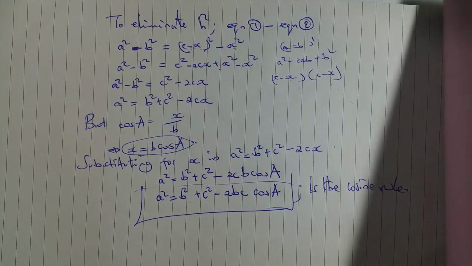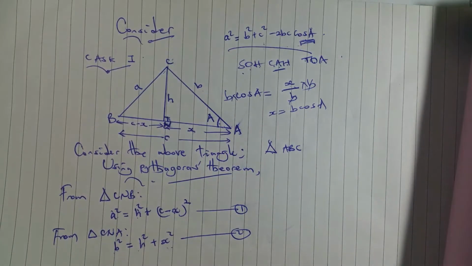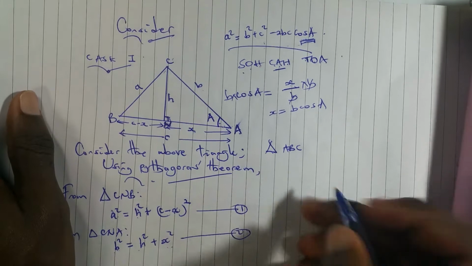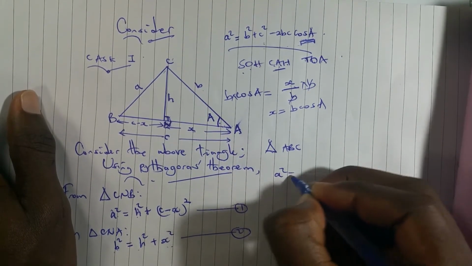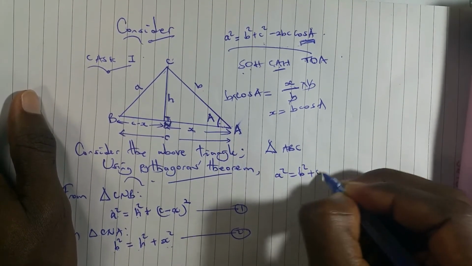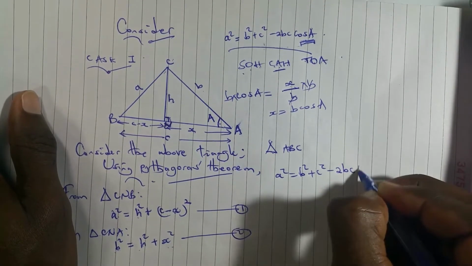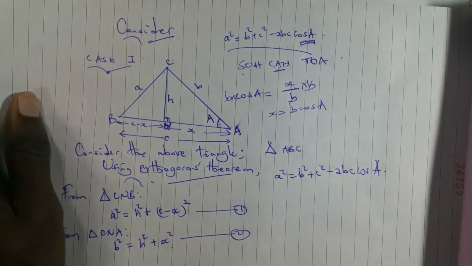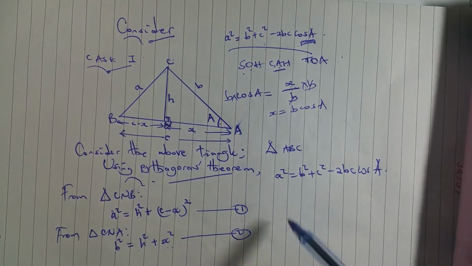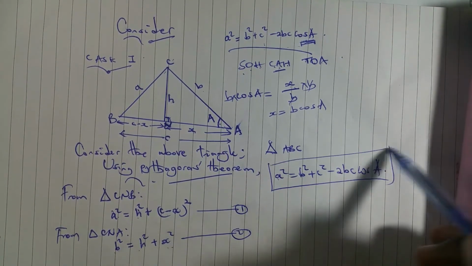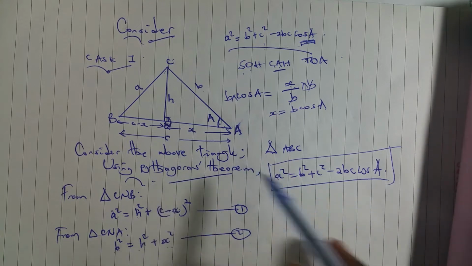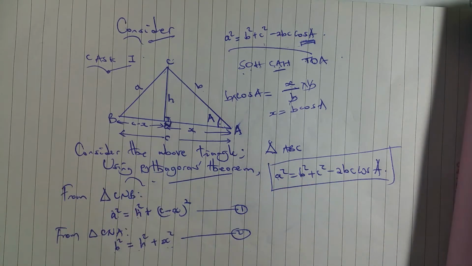Now I need to interpret for you the formula that we have just derived. In our cosine rule, let me write it this side so that you can see clearly: a squared is given by b squared plus c squared minus 2bc cos a. Our cosine rule is in this format, and you need to know how these letters appear and which one you consider, so you don't interchange letters in wrong positions.